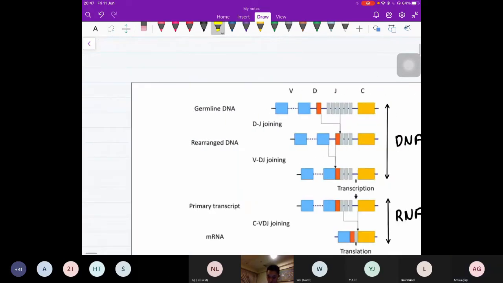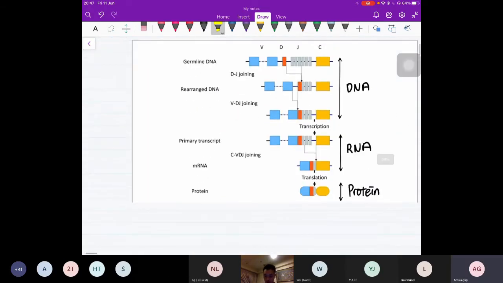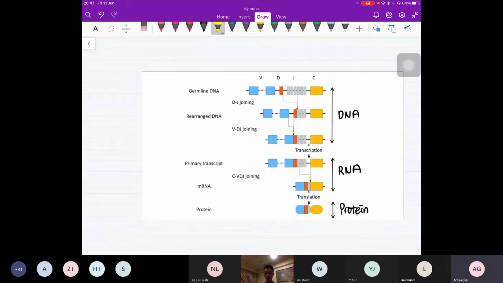Okay, so this is your somatic recombination for your heavy chain. On your germline DNA, or just basically DNA, you have multiple gene segments, like I said just now, your V, D, J, and C gene segments. Your first step is where your D and J join together, or rearrange together.